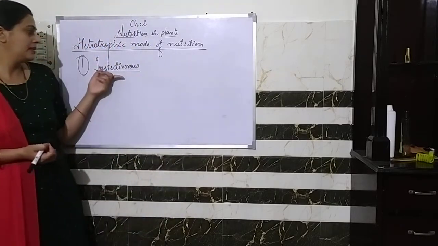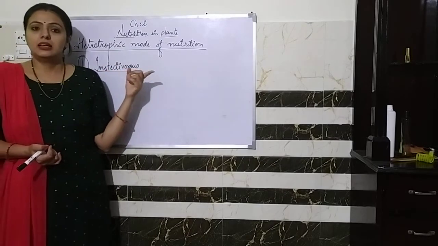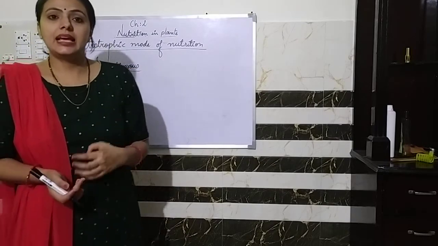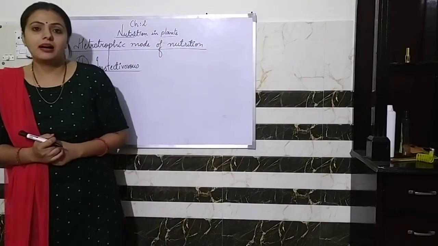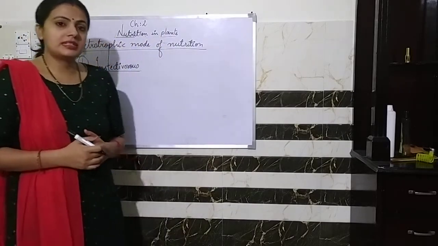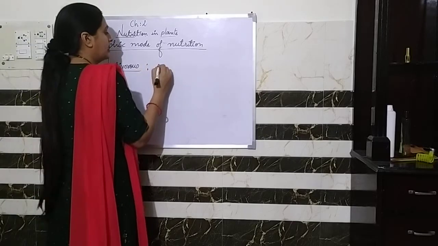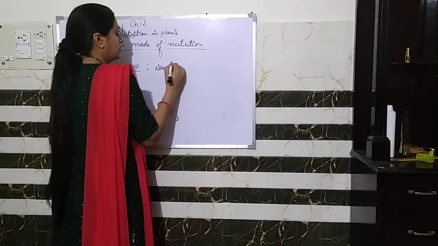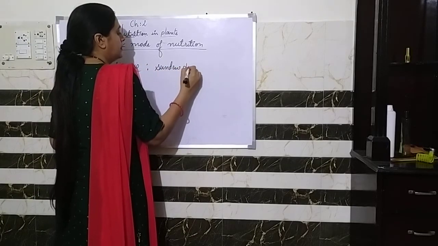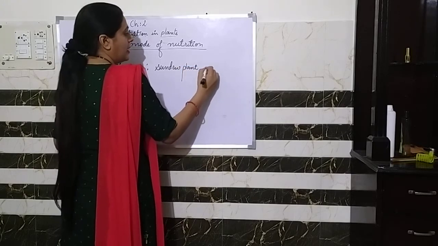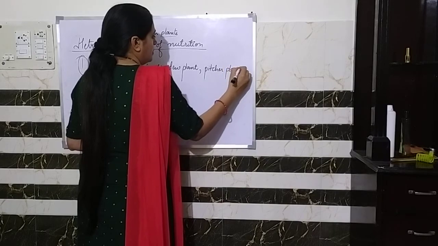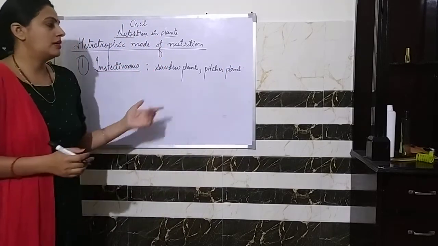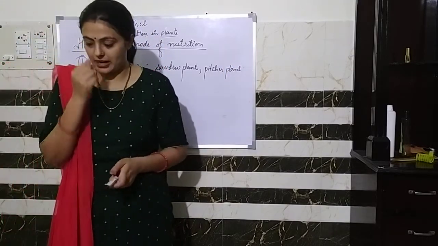As its name explains itself, plants take their nutrients from insects, and there are some examples of insectivorous plants, that is the sundew plant and the pitcher plant. These are two examples of the insectivorous plants.